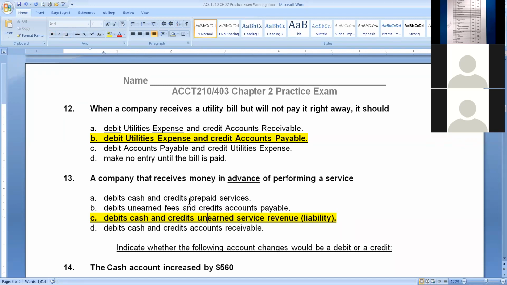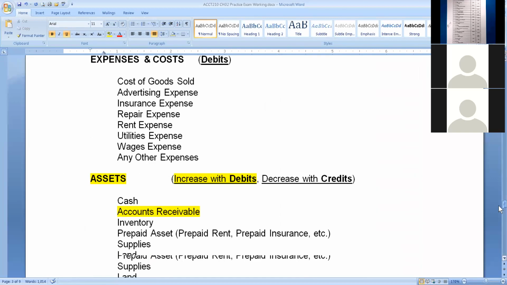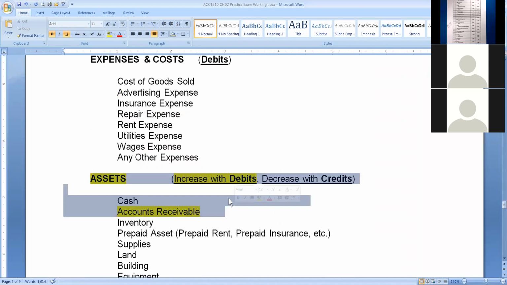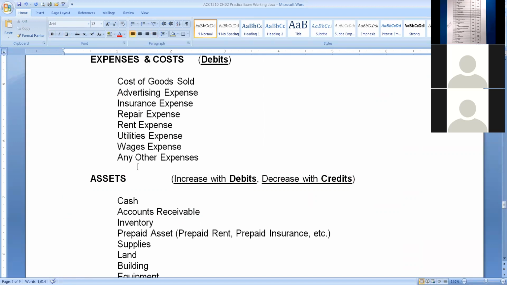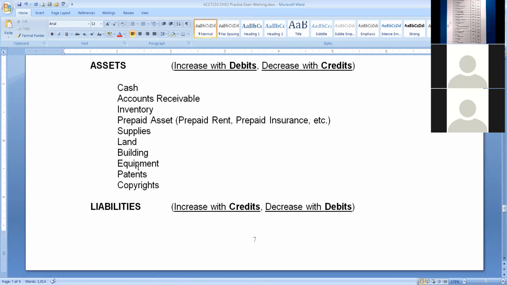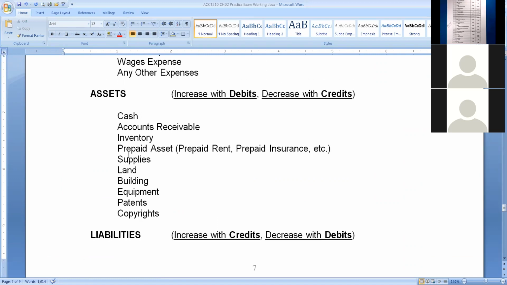So debit and credit. If we go down here, cash would go up with the debit.